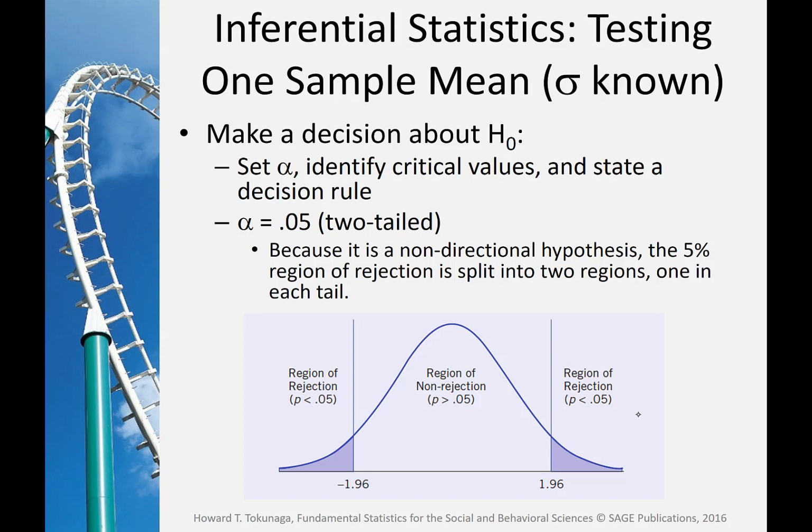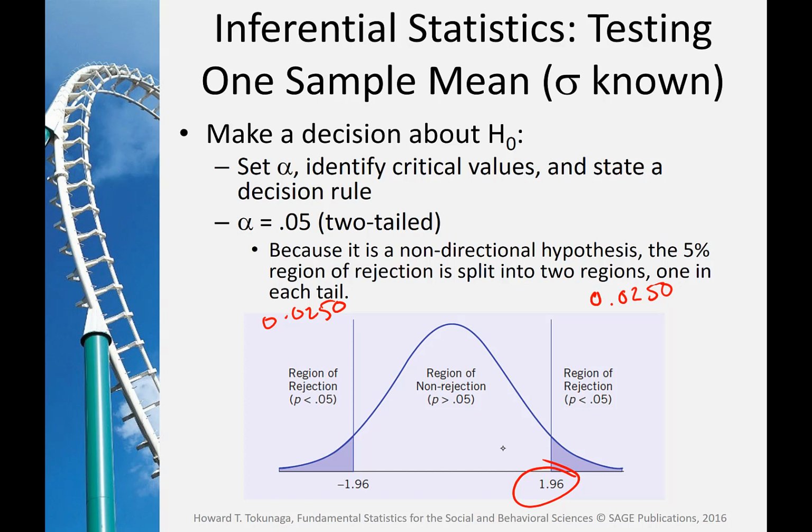So what we do is we take that 5% and we split it in half. So there's 2.5% over here, and there's 2.5% over here. The magical z-score that corresponds to having 0.0250 is 1.96.